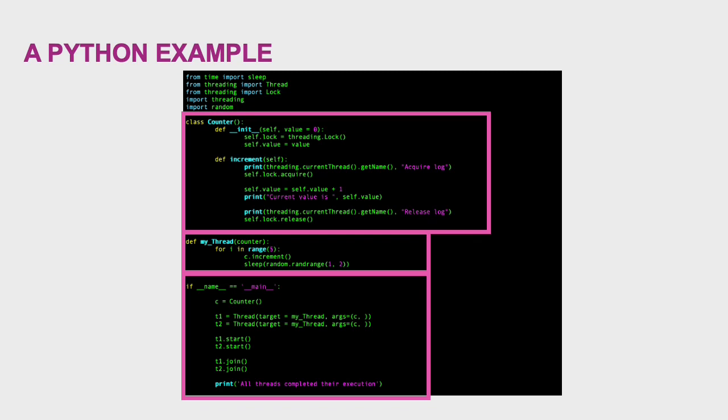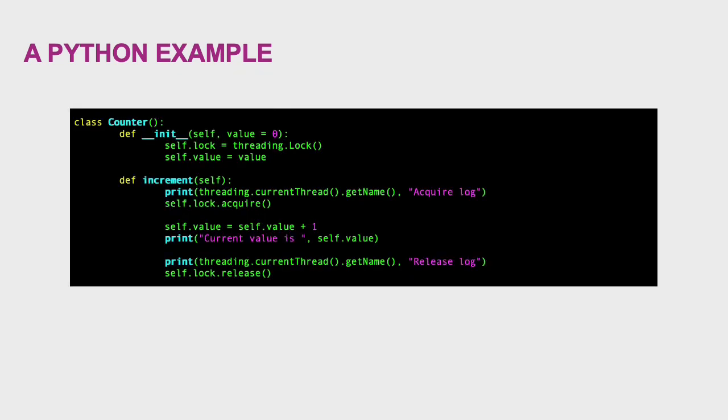Let's zoom in to read better. This is the counter class. Now we can read better, so zooming in is useful. We have a constructor with a value as an argument. The default value is 0 if we don't specify anything.